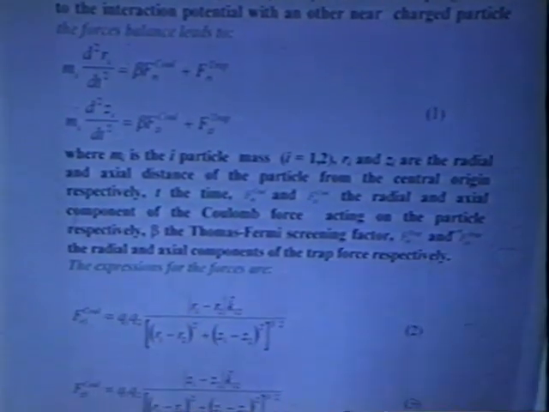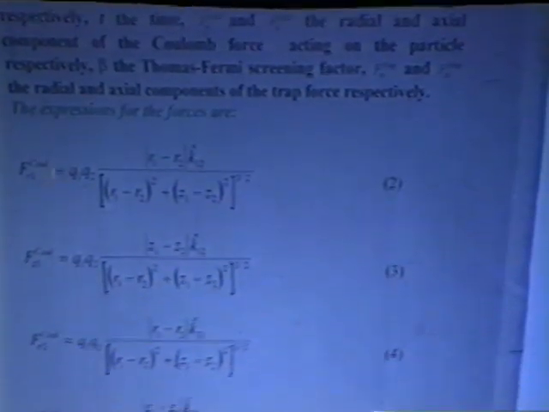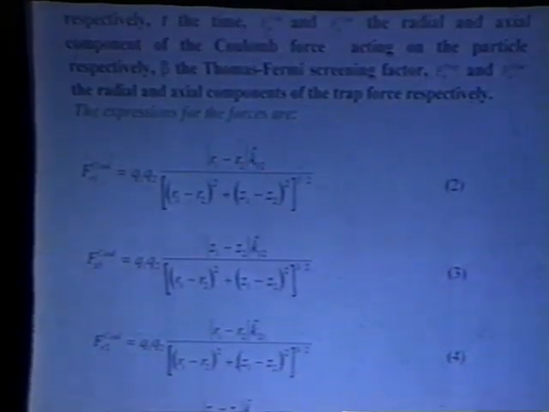With some previous mathematical arrangement, we can make explicit the force for the Coulomb effect. Q1 and Q2 are the charges of the particles, R1 and R2 are the radial coordinates of the particles, and K1 is just a unit vector pointing from particle 1 to particle 2 or vice versa, and that's all.